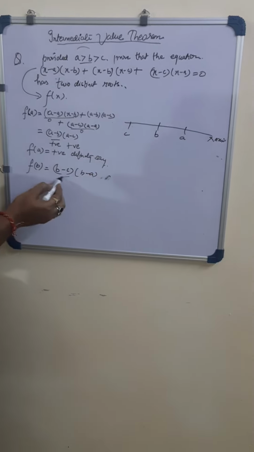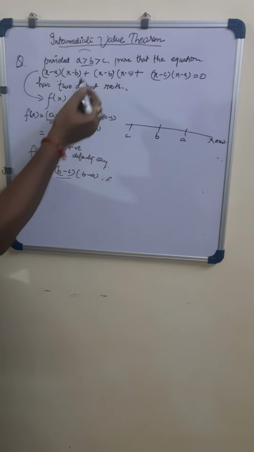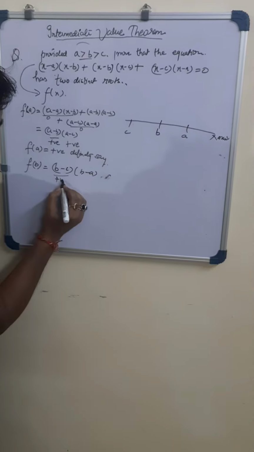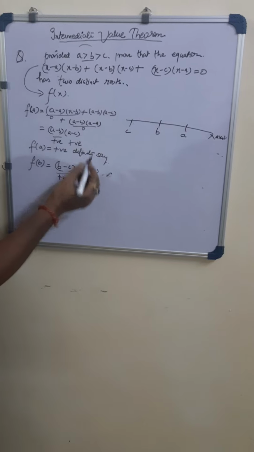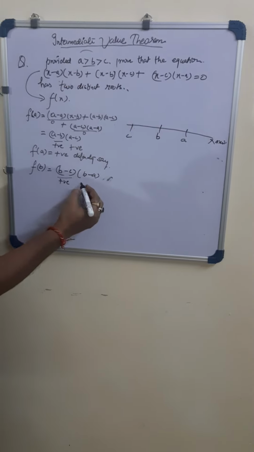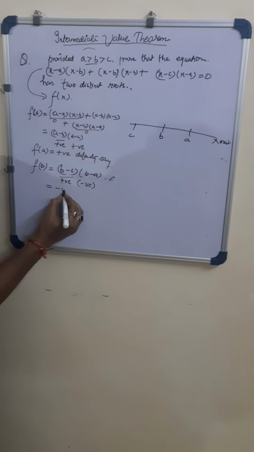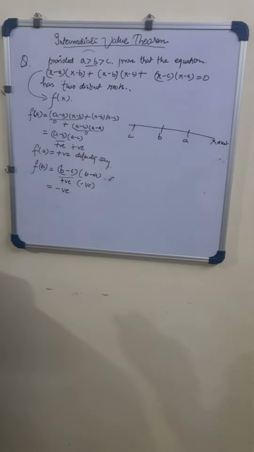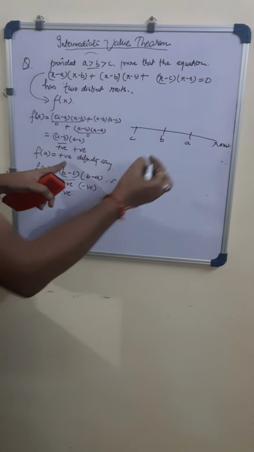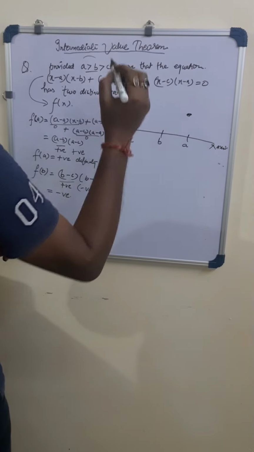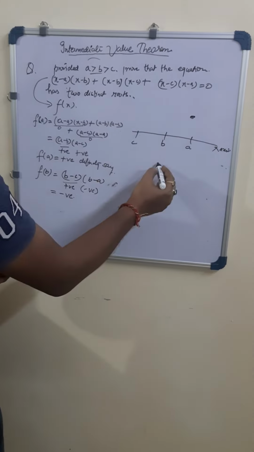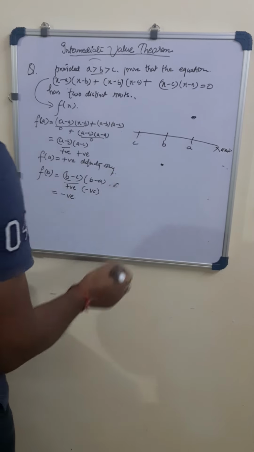Now since b is greater than c, this will be a positive number, and since b is less than a, this will be a negative number. So essentially f(b) will be negative. So f(a) will lie somewhere here, and since f(b) is negative, f(b) will be written here.